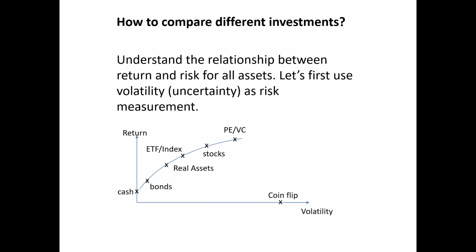Bonds have slightly higher return, a little more uncertainty of return. Stocks definitely have more, but the index has less volatility. And the index, return-wise, may not be lagging the broad stock market.